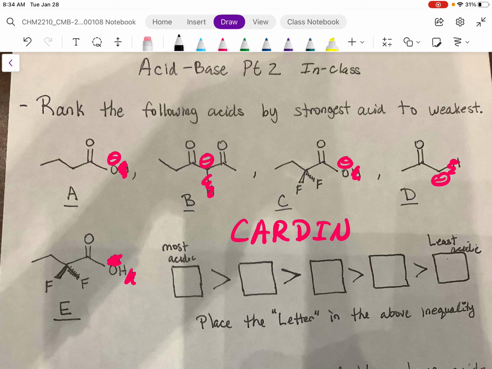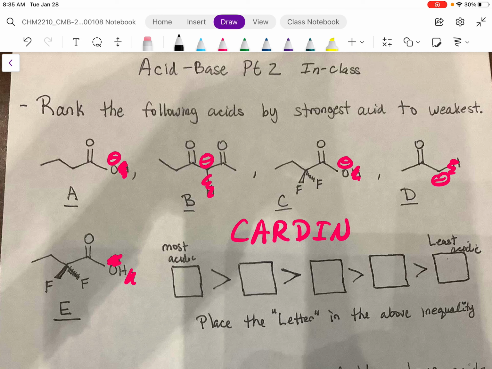So if we have a y-axis, which one's going to be at the bottom of that energy diagram? Let's not worry about which molecule. The bottom one is going to be the most stable, because as we go up on the y-axis, that's increasing instability. Lower you are in energy, the more stable.